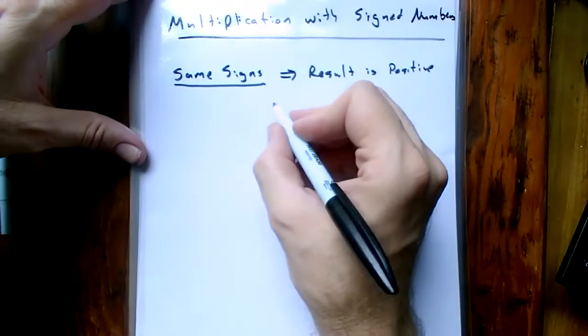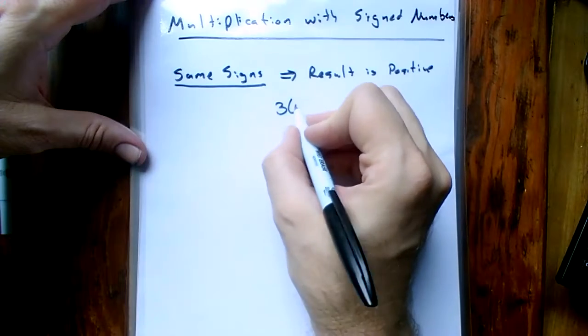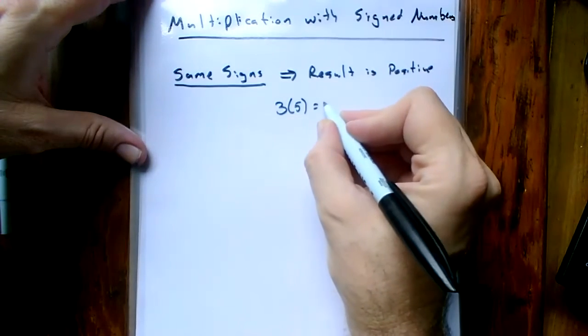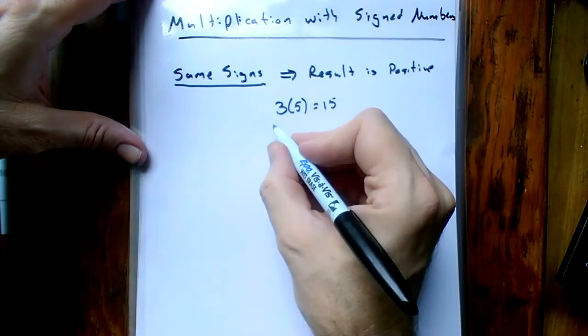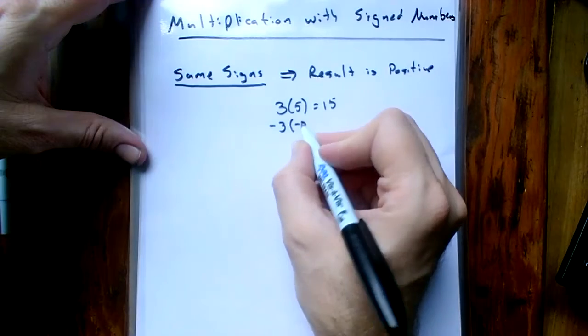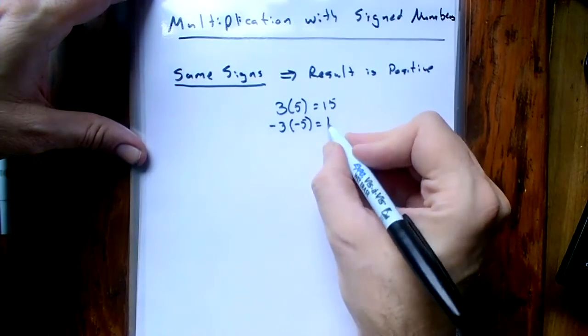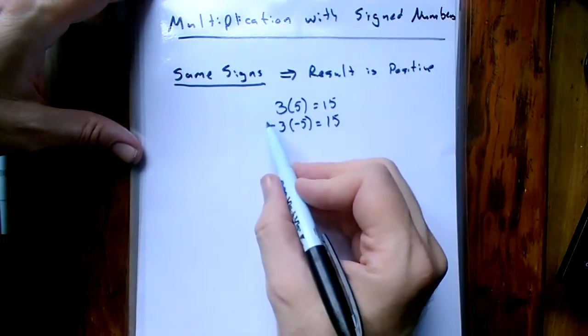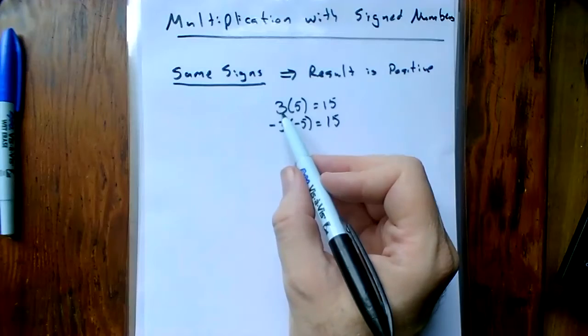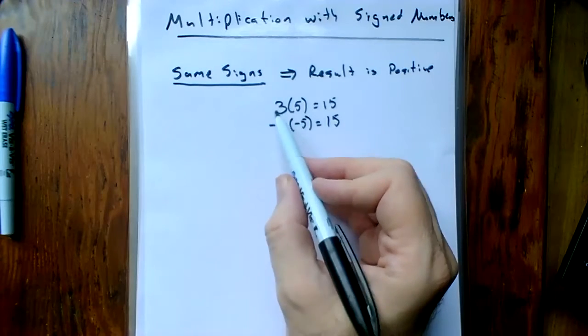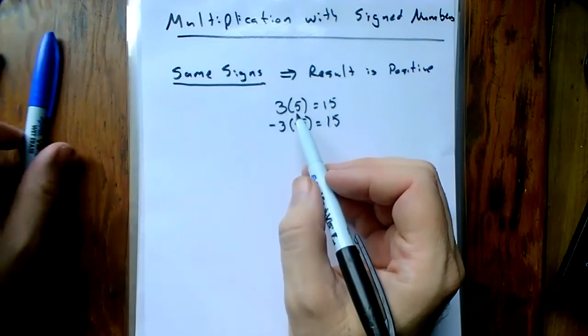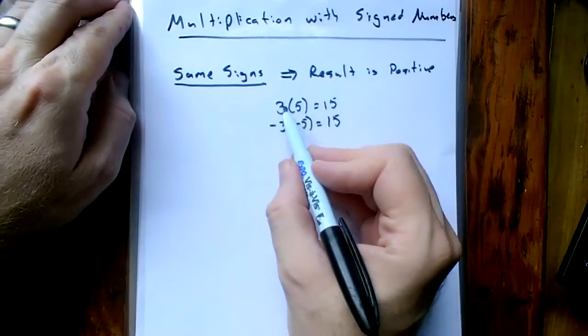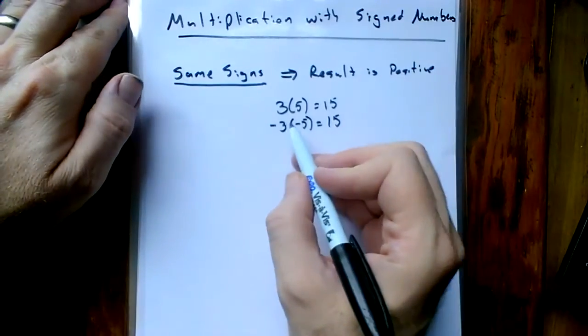So if I've got 3 times 5, that would be 15. If I had negative 3 times negative 5, that would also be a positive 15. As long as they're the same sign, your result is going to be positive. So positive times positive is positive, negative times negative is positive.